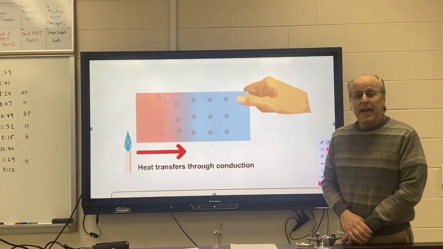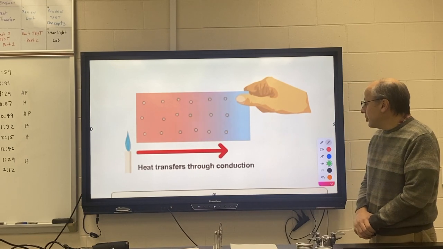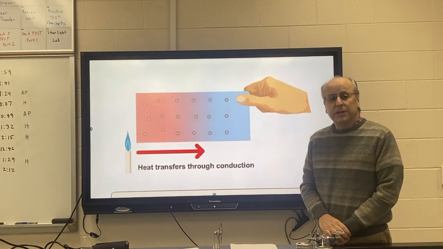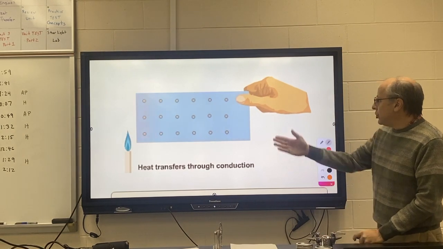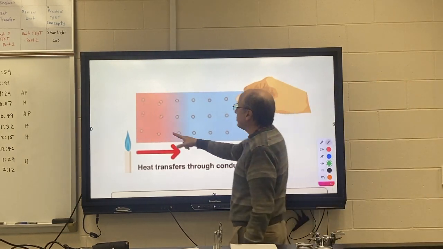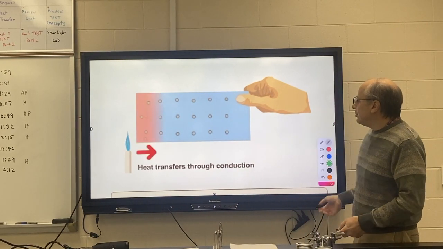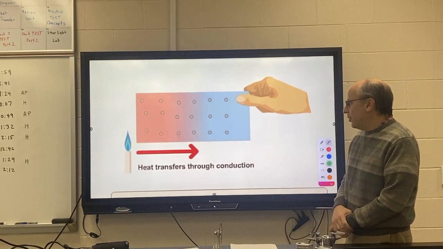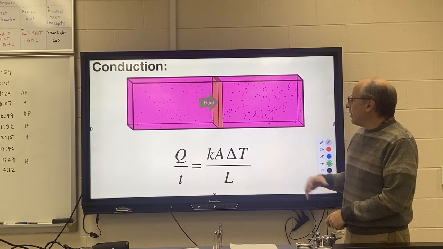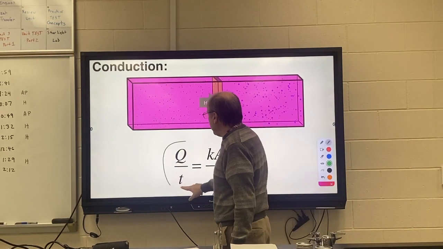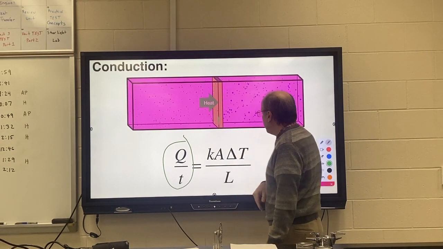The final thing we had is we learned about conduction, and we saw how conduction was controlled by chain reaction, where the faster molecules hit their neighbors and speed them up, and the energy transfers from the hot to the cold. We learned our formula for conduction. This side is the rate of transfer through a barrier.